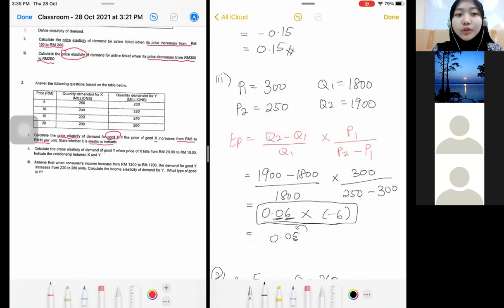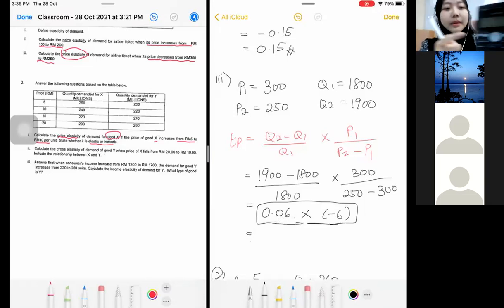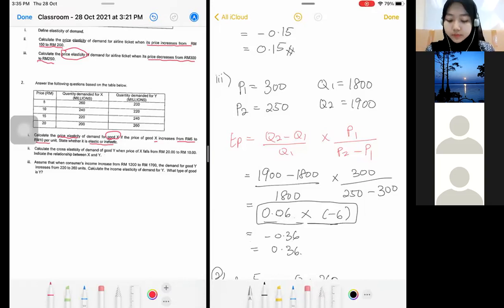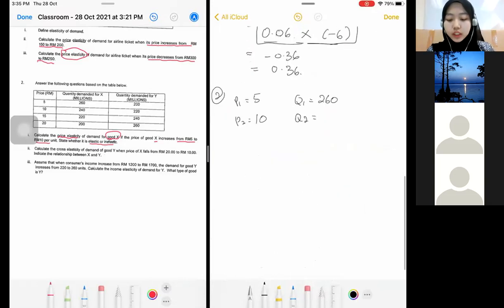So that's why I put 0.06. Okay, only take 2 decimal places. You don't have to put many numbers there. Just take 2 decimal places and then proceed with the final answer. Just now negative 0.36. Okay. All right. So let's continue.